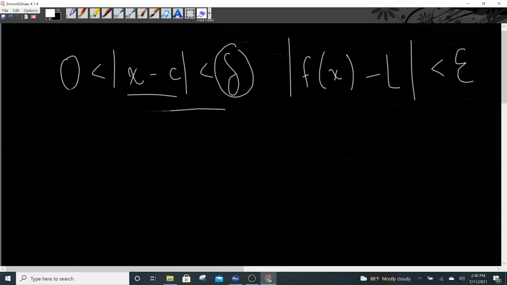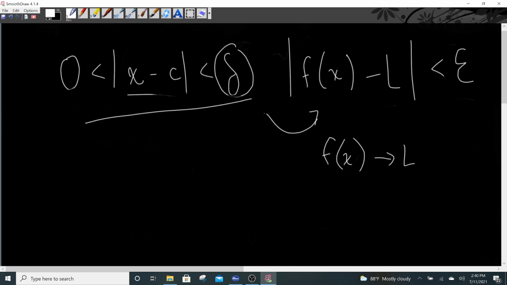And then we know that this relationship, well, we don't know it because that might get a little bit too abstract for a somewhat simple definition. We at least assume for now that this relationship implies this relationship, which means that as x approaches c, f of x approaches L, or it becomes L. As our degree of precision, our delta, gets smaller, our epsilon gets smaller, and therefore the distance between f of x and L closes.